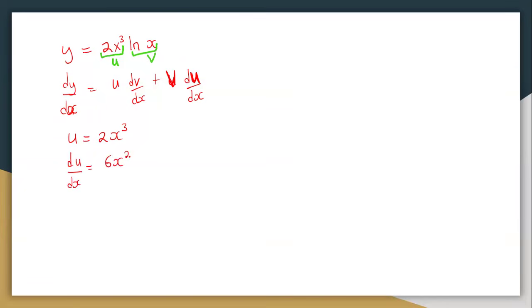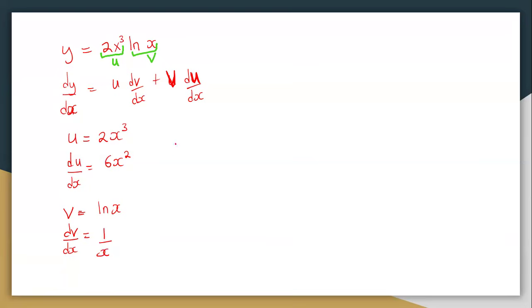When our v is ln x and we differentiate with respect to x, dv/dx will equal 1 over x.